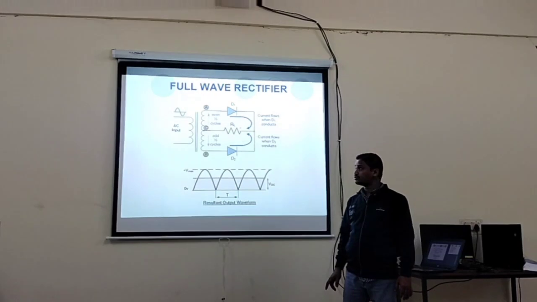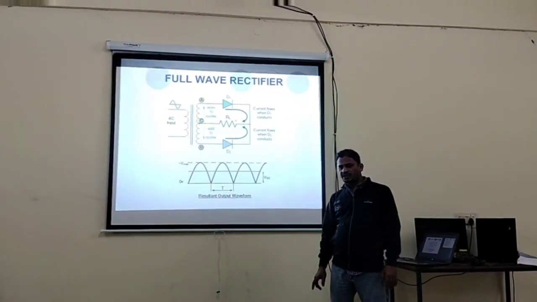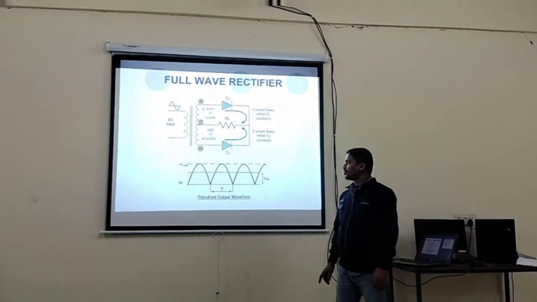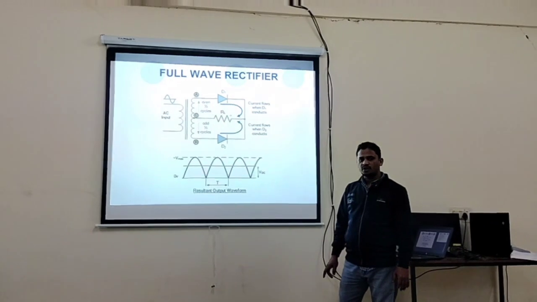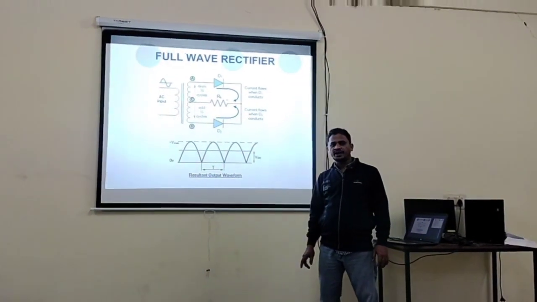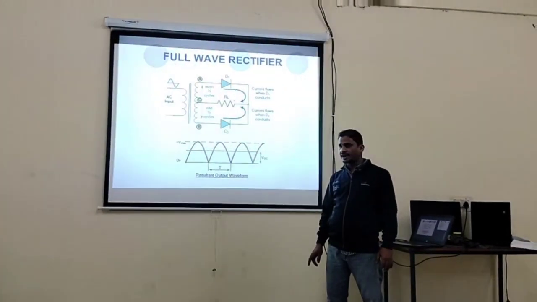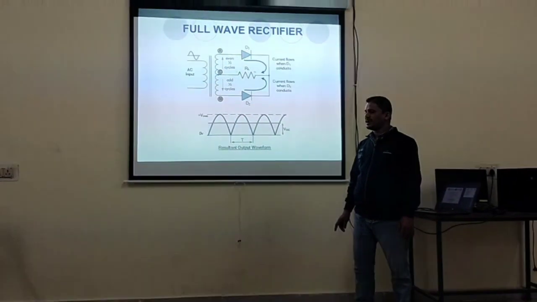In the negative half cycle, the current is not transferred to D1. At that time D2 is forward biased and D1 is reverse biased. In the reverse bias case, current is not allowed to flow. So the current transfers from B to D2 and RL and goes to C.